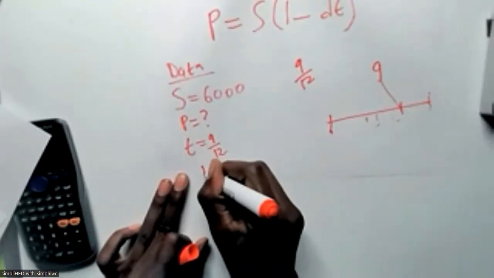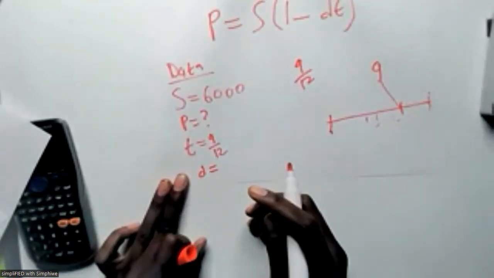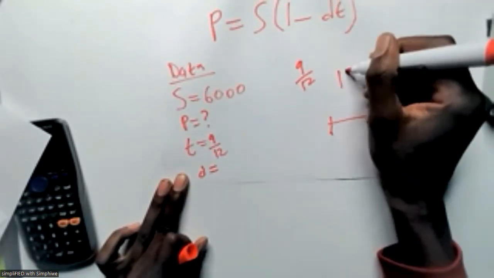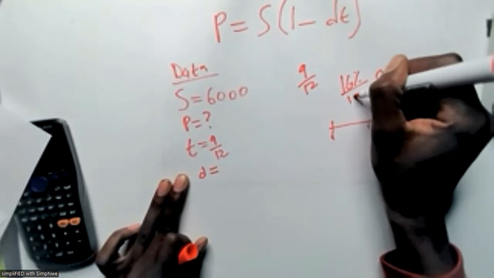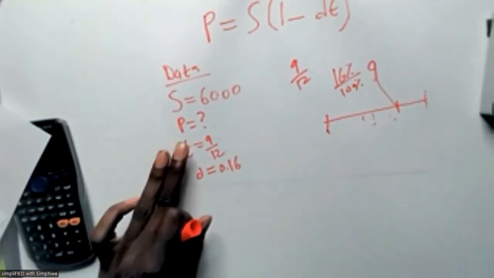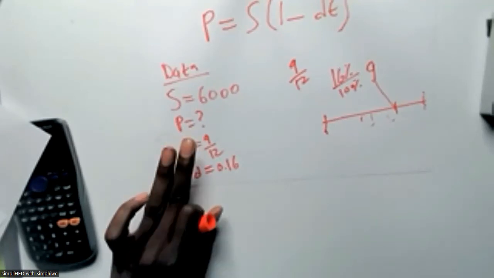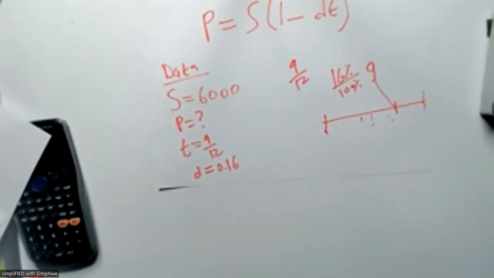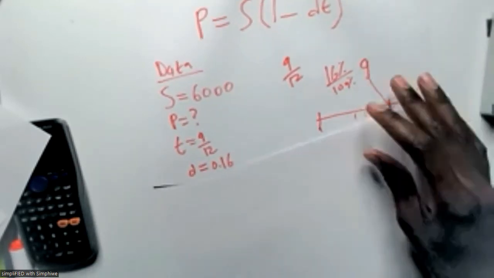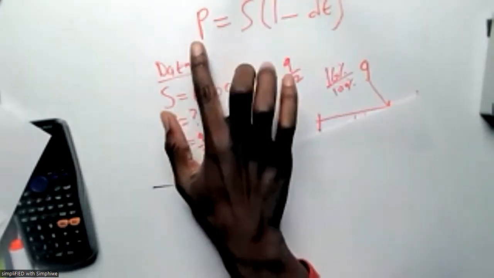What do I need again? D, the discount rate. They've mentioned it's discounted at 16%. 16% divided by 100 is 0.16. So now, voila, I just have to calculate P. I have everything I need in the formula, so it's straightforward.